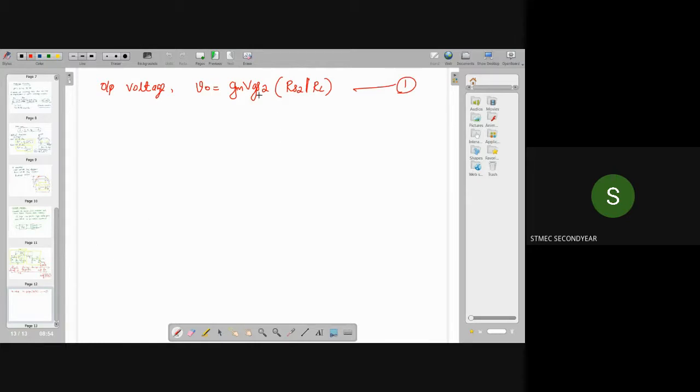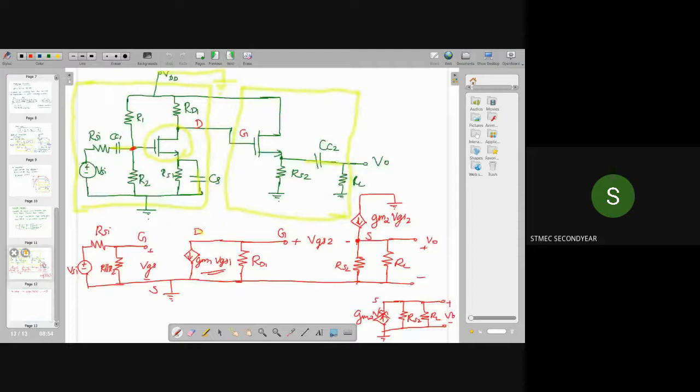Now I can write this output voltage plus this VGS2, that will be equal to the voltage across the resistor RD1.